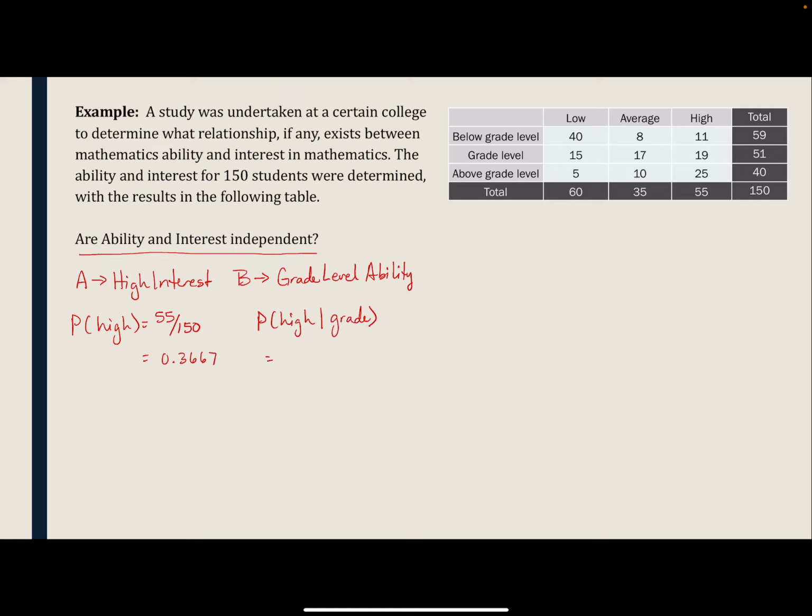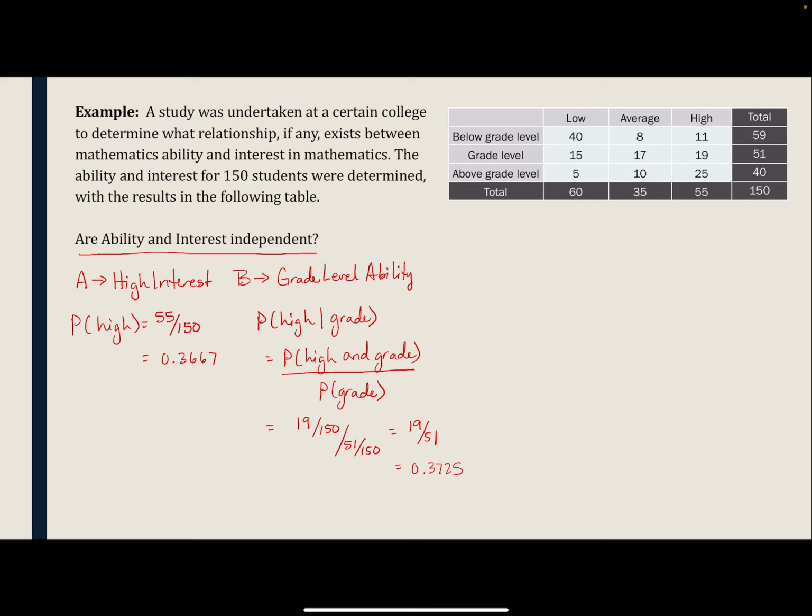Remember that this is the probability of high interest in mathematics and grade level ability divided by the probability of grade level ability. So this was 19 out of 150 divided by 51 out of 150. Or forget that and just look at the grade level row and we get 19 out of 51, which was 0.3725.